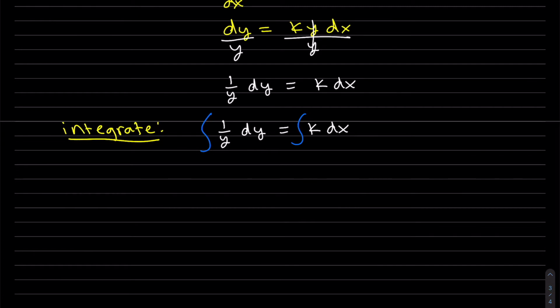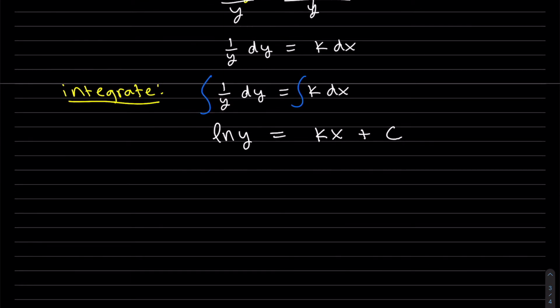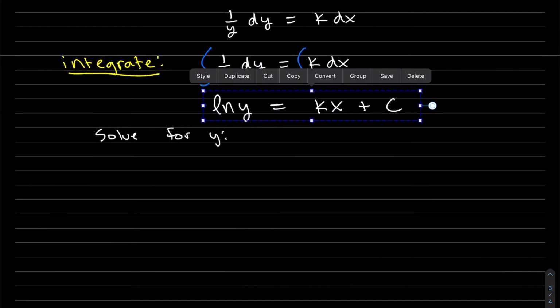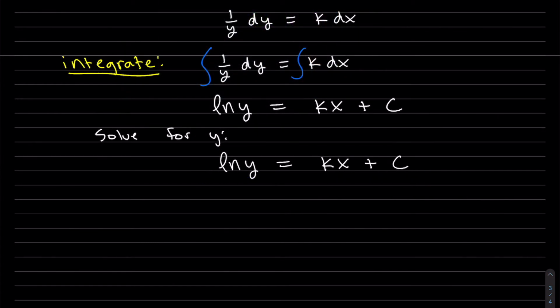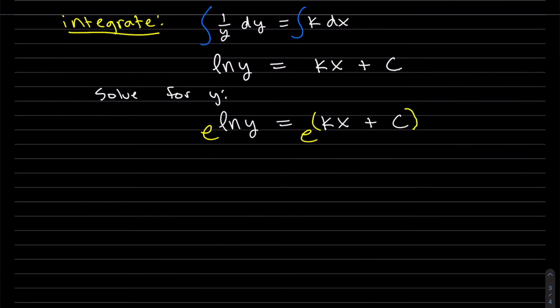Do you remember the derivative of natural log of y is 1 over y? So this is natural log of y. It's just a constant, so kx plus our c. All right. We want to solve for y. So if we want to get rid of natural log, we have to take e, do the inverse. So e to the power of natural log of y is just plain old y.